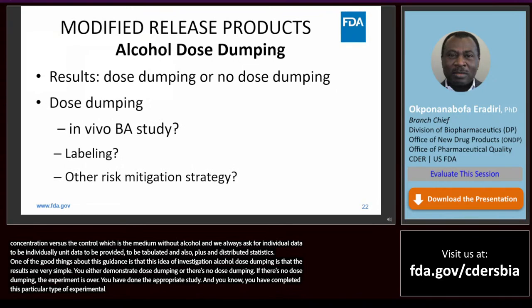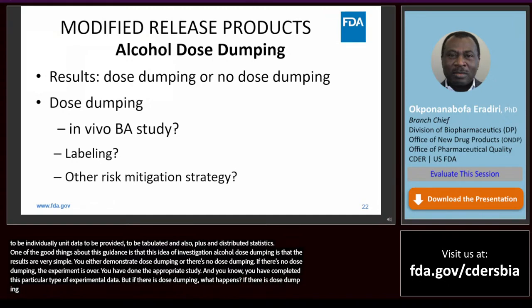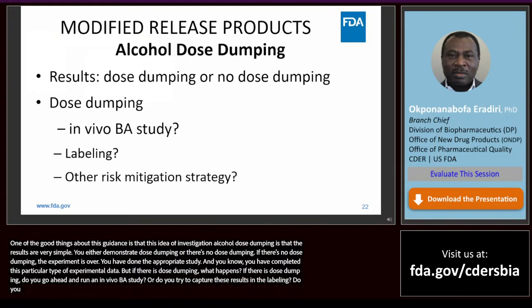But if there is dose dumping, what happens? Do you go ahead and run an in vivo bioavailability study? Or do you try to capture these results in the labeling? Do you have other risk mitigation strategies?